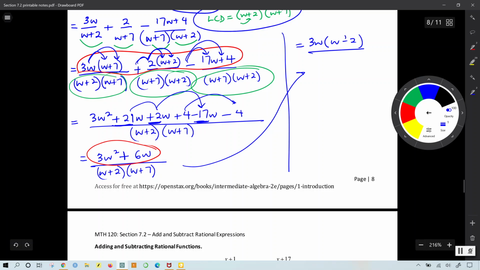And you have w plus 2 here. And so on the bottom, we still have the pending w plus 2, w plus 7. So we're going to take that off as common factors. And so you're left with 3w all over w plus 7. And that concludes that question.